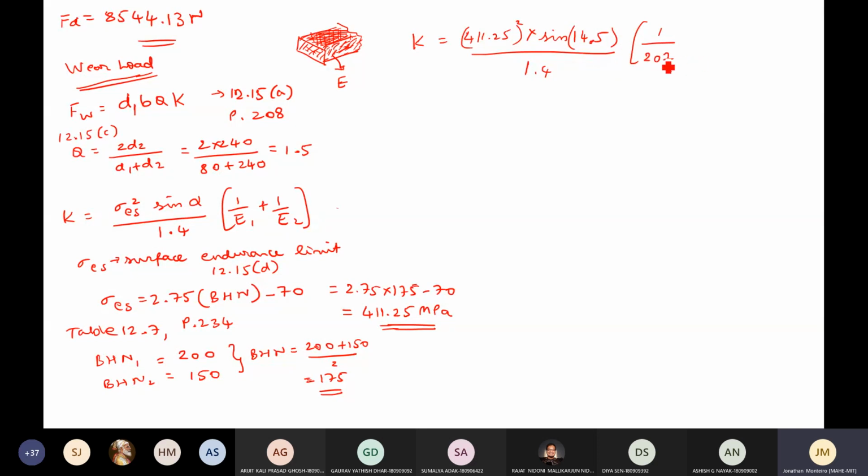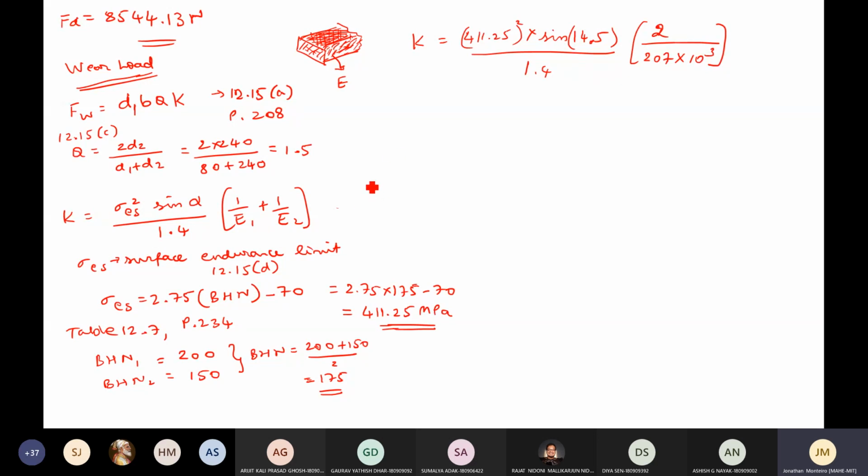We are already supplying this in megapascals, so we can put it as 207 into 10 power 3. Since both are the same, denominators are the same, so the numerators get added up: 2 by 207 into 10 power 3.